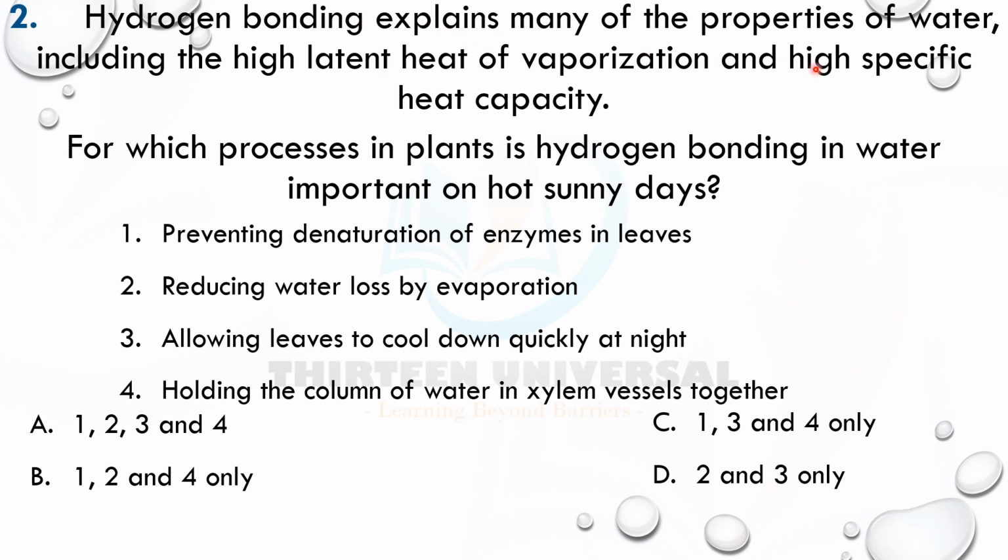Of course, let's look at high specific heat capacity. So define it for me. What is specific heat capacity? Specific heat capacity is the amount of energy required to increase the temperature of 1 kilogram of water, or any substance, by 1 degree Celsius. That means to increase the temperature of water by 1 degree Celsius, you need a lot of energy. And this is why, of course, water plays a homeostatic role.